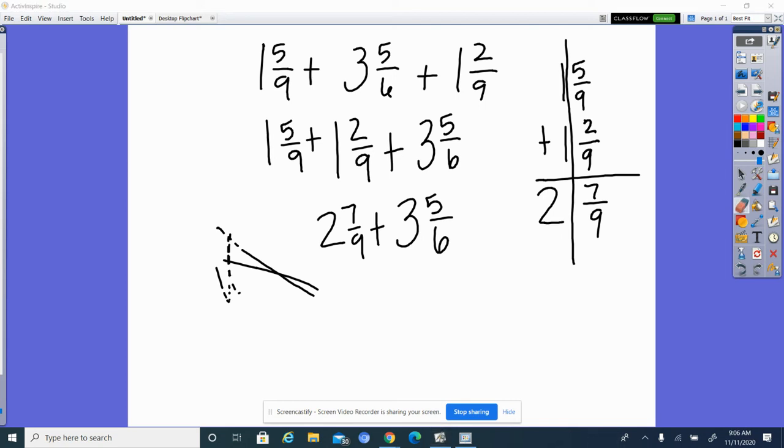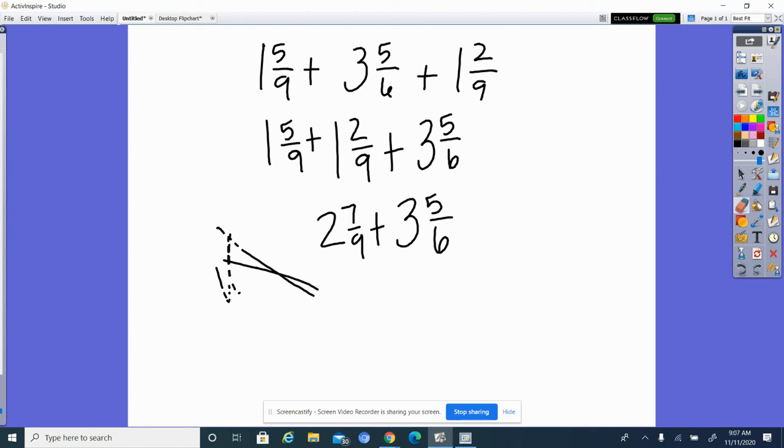Yes. Now let's see. Okay, so now we have 2 7/9 plus 3 5/6. Okay, we have to find a common denominator.